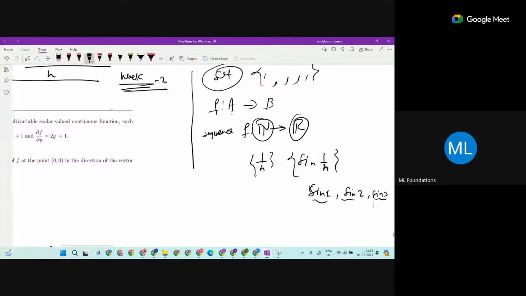So the main thing is that a sequence either gives a limit or it does not. Like the sequence sin 1 by n. Here n is 1, 2, and so on, so the terms are sin 1, sin 1 by 2, and so on. For this sequence, the limit is going to be a fixed real number around which the outputs fall.